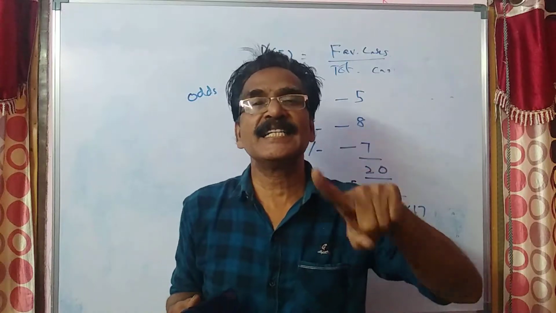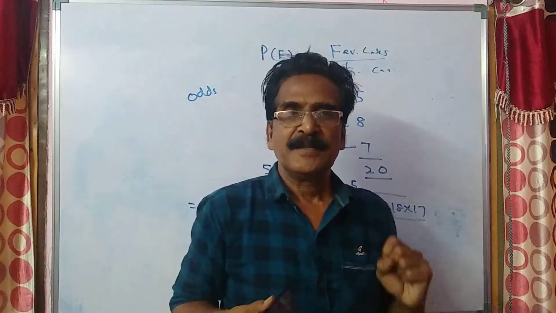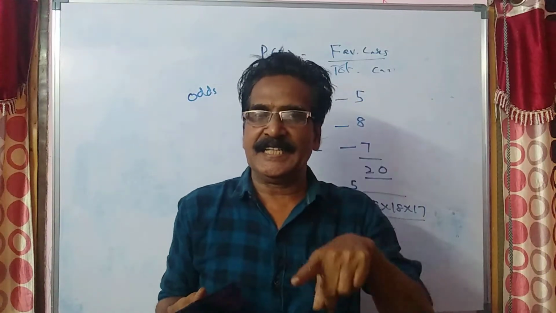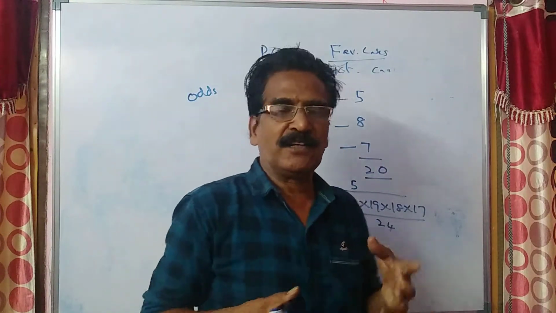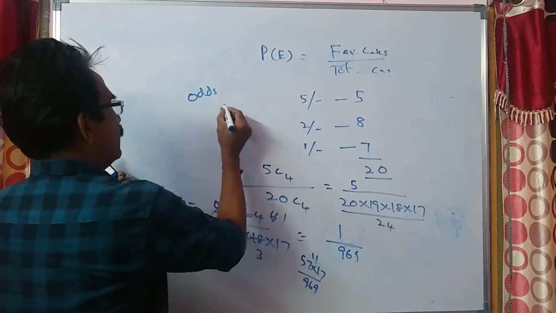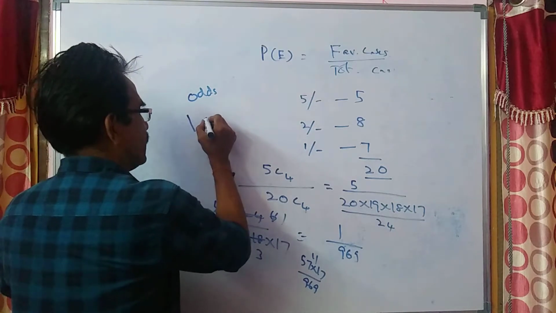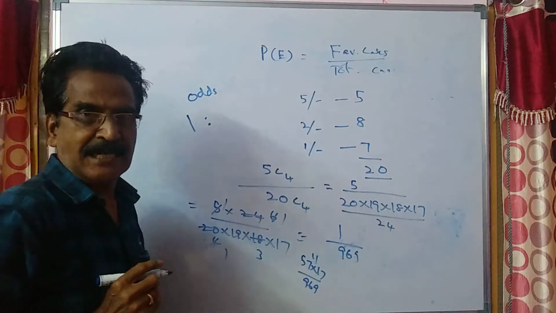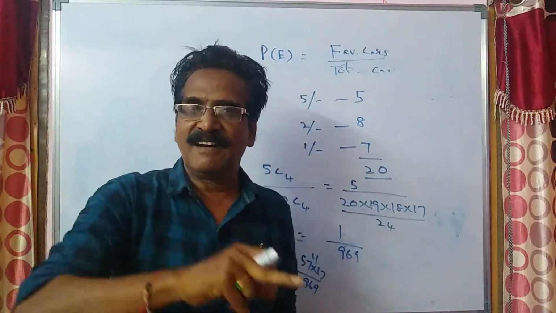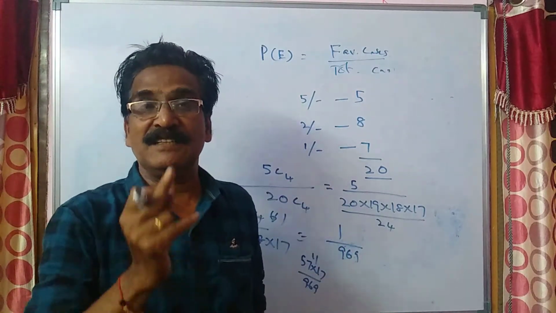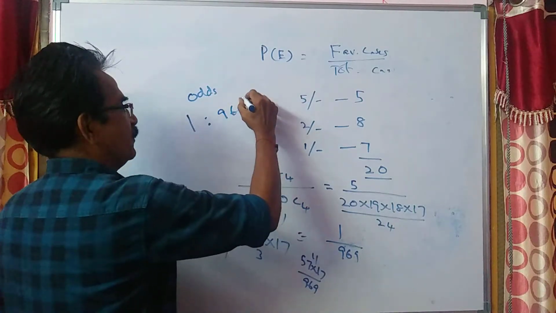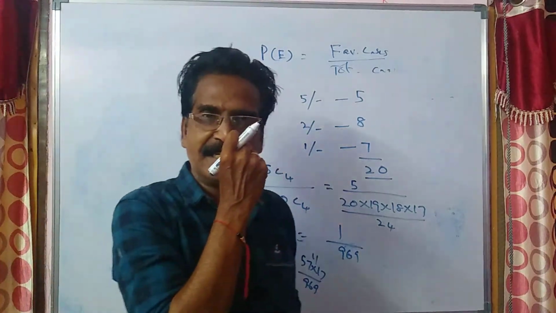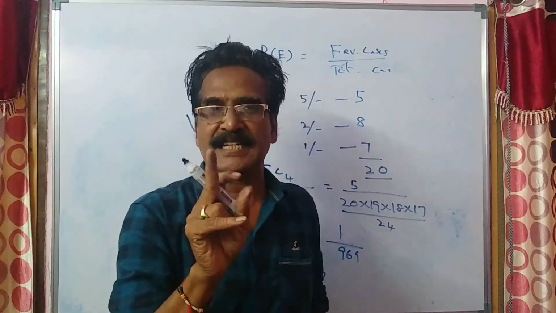So the remaining 968 cases are not drawing the maximum amount. So drawing the maximum amount is 1 and not drawing the maximum amount is 968. Your answer is 1 is to 968, not 1 by 969.